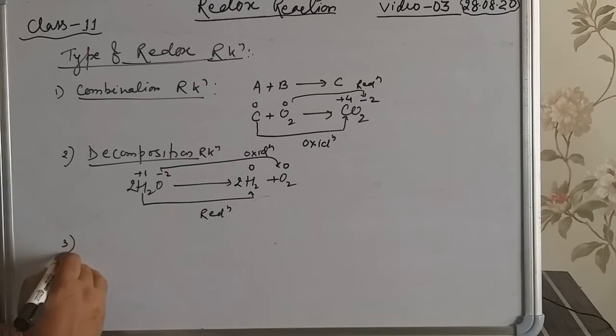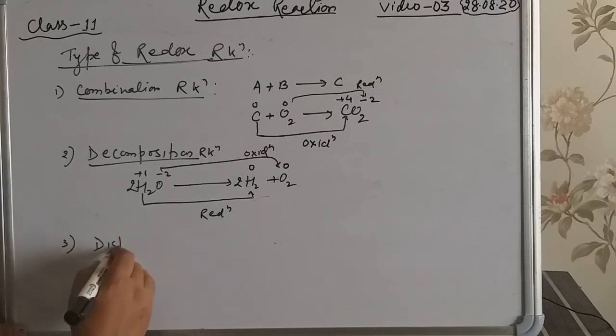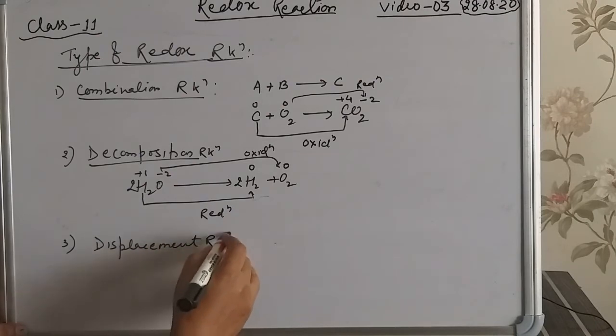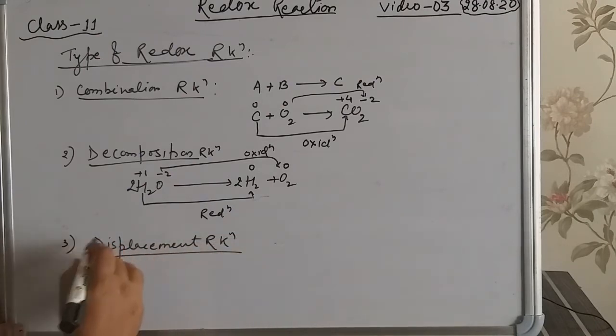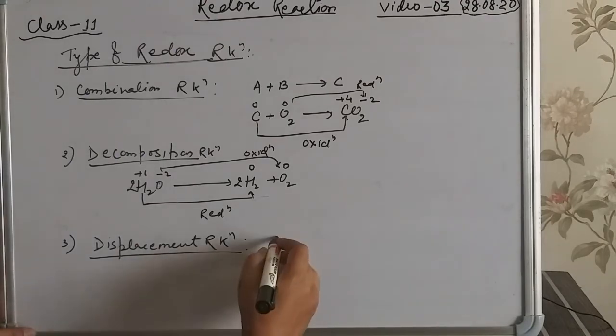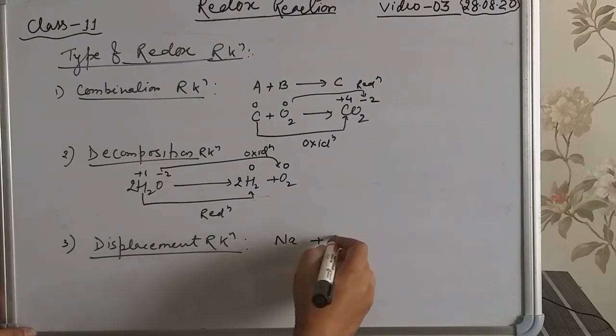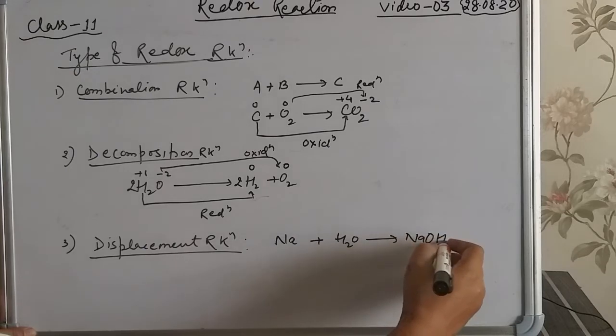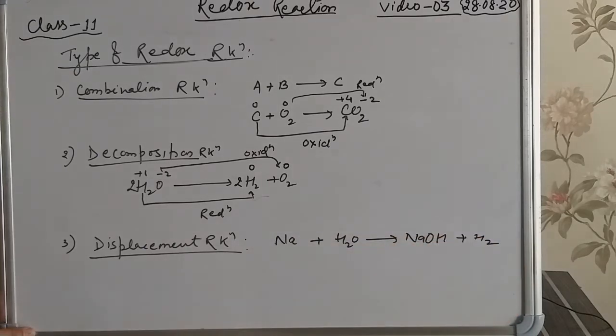Next one is the displacement reaction. In a displacement reaction, we know that a more reactive element displaces the less reactive element from its salt solution. Suppose sodium is treated with water to form sodium hydroxide and hydrogen gas is released. Now see which species undergoes oxidation and which undergoes reduction.